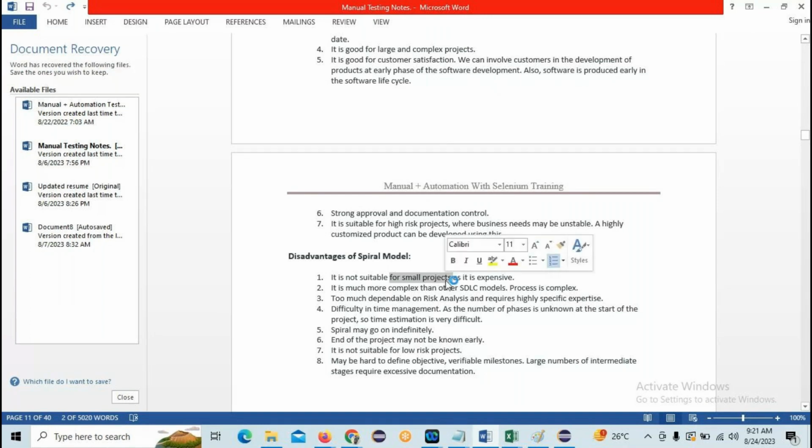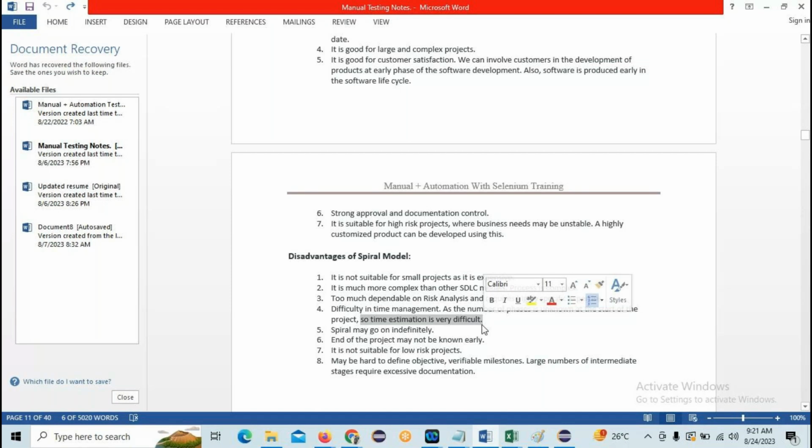If you are saying it is for complex projects, it means it's not used for small projects, vice versa. It is much more complex than the SDLC process. Too much dependence on risk analysis. Time estimation is very difficult because the loop may go on indefinitely. Here you can see the spiral may go on indefinitely.